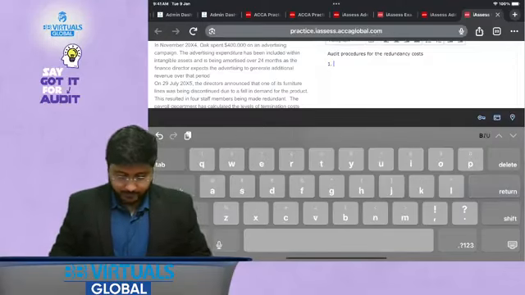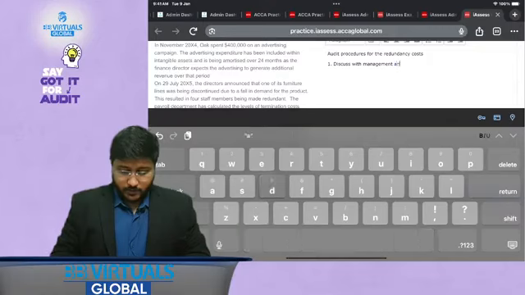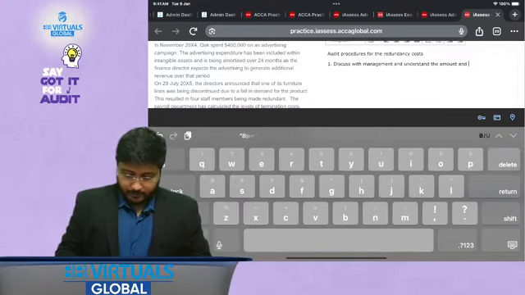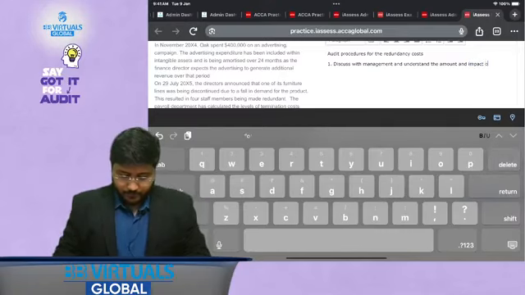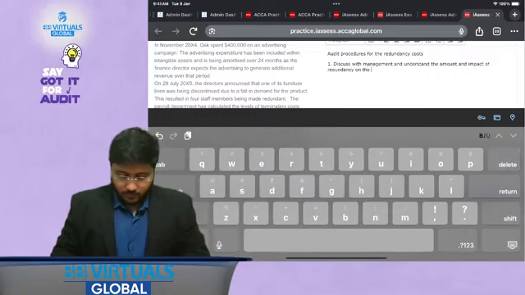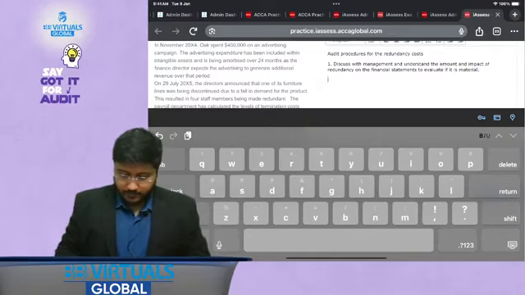Okay, so number one, discuss with management and understand the amount and impact of redundancy on the financial statements to evaluate if it is material.